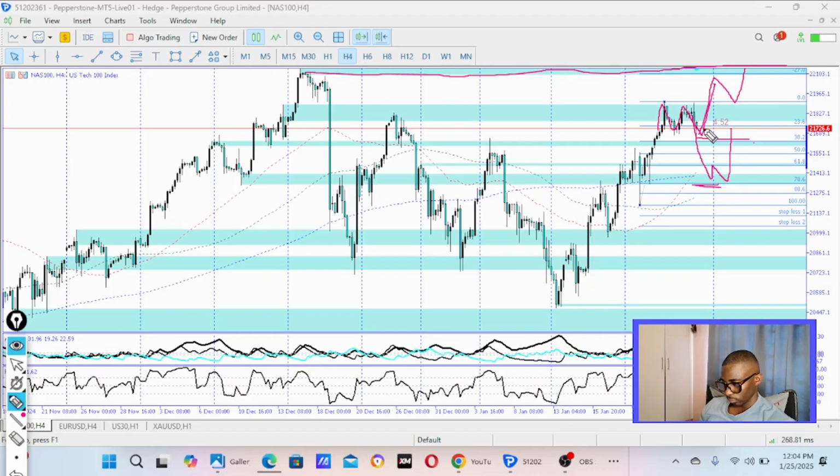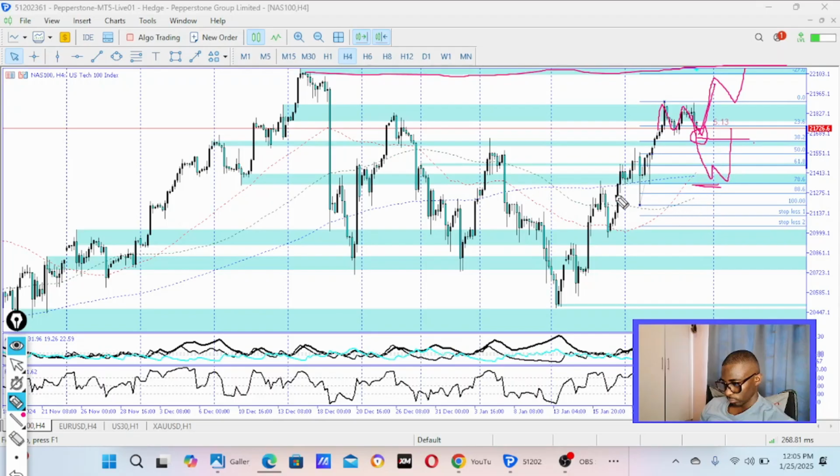So these are the two scenarios I'm looking for: price makes that bottom and pushes up, or drops further to this area of supply here, which is the 78.6, giving me another bullish pattern, a double bottom, to move the market around.